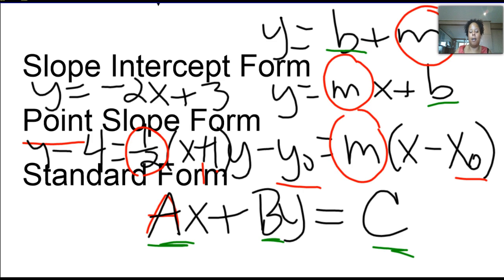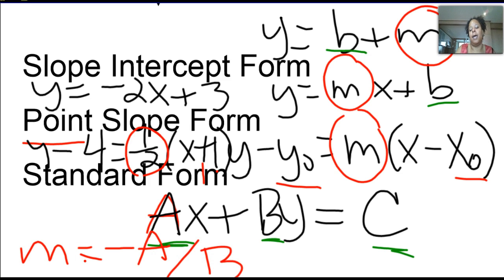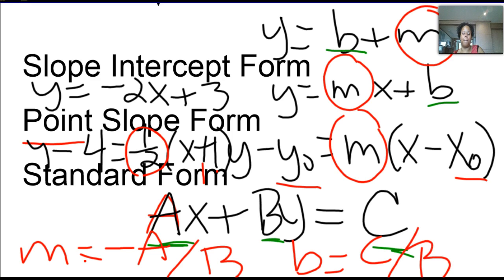Interestingly enough, I can change the standard form to the slope-intercept form by letting the slope be calculated as m is equal to the opposite of a divided by b, and the y-intercept is equal to c over b. And so that is how we can change from standard form to slope-intercept form.